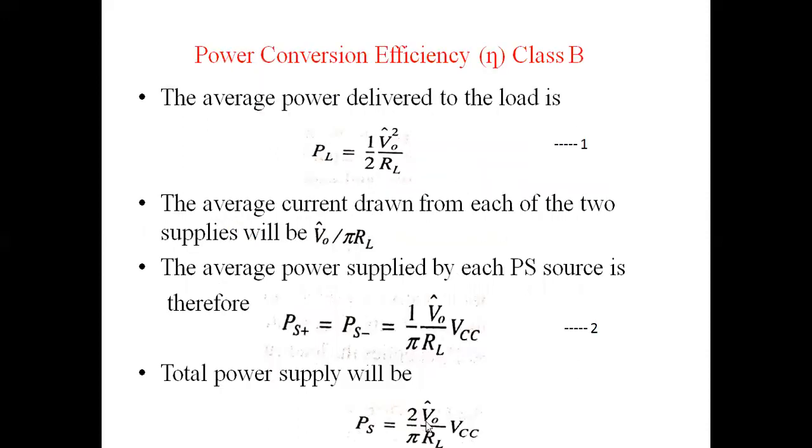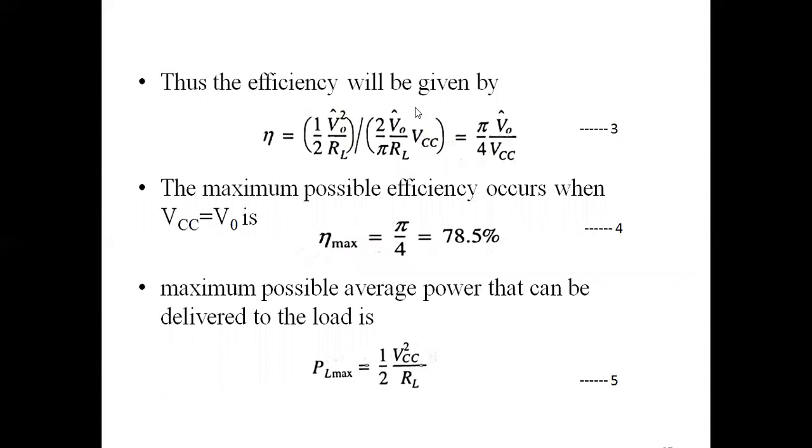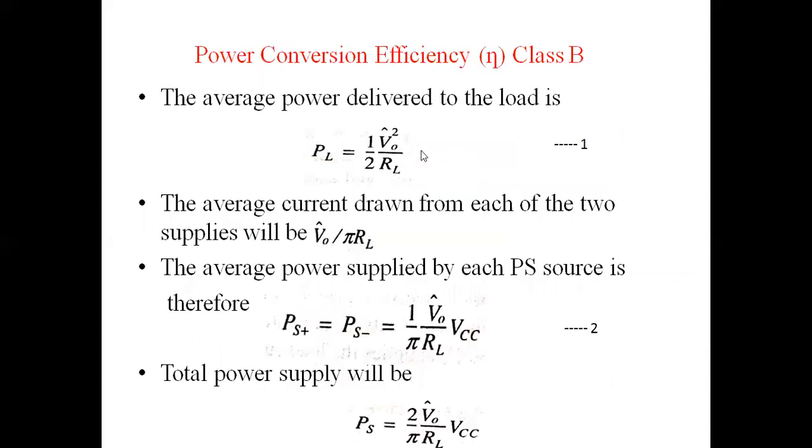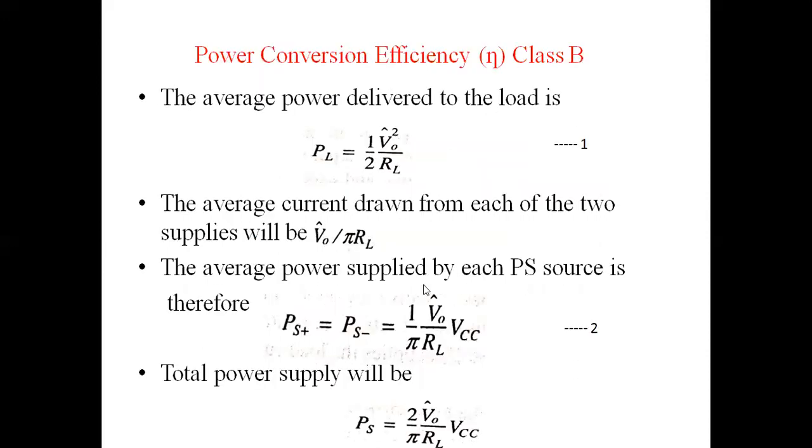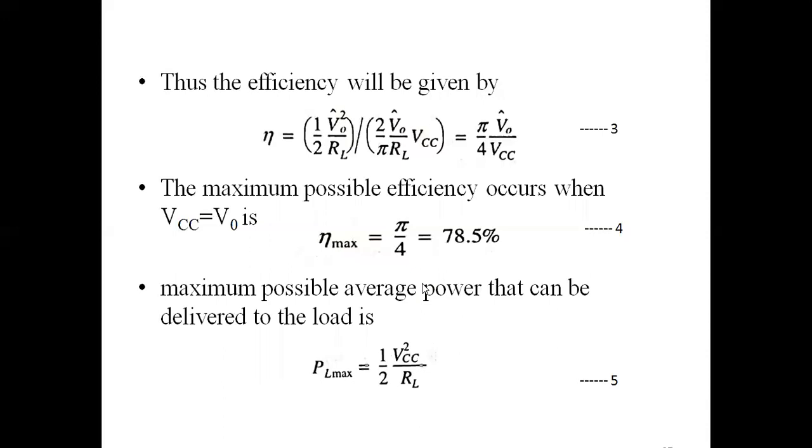When PS comes in the denominator, we take its reciprocal. Just substituting the values, 1 by 2 V naught cap square divided by RL, divided by 2 V naught cap by pi RL into VCC.